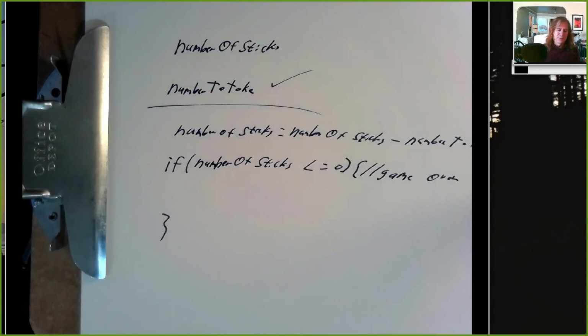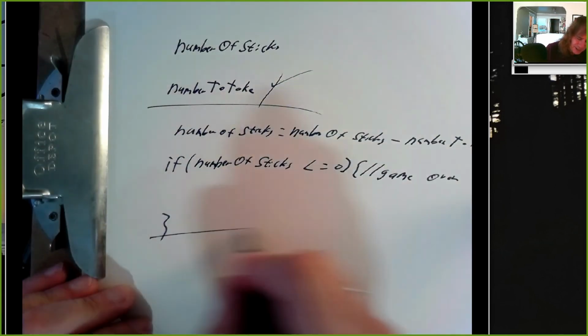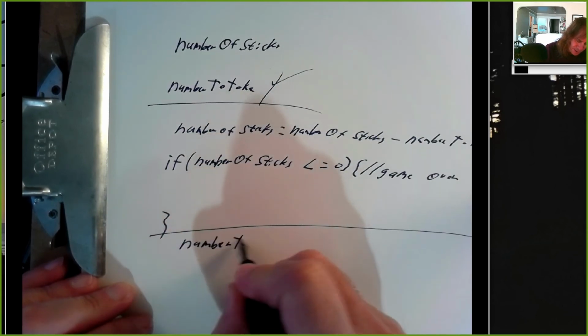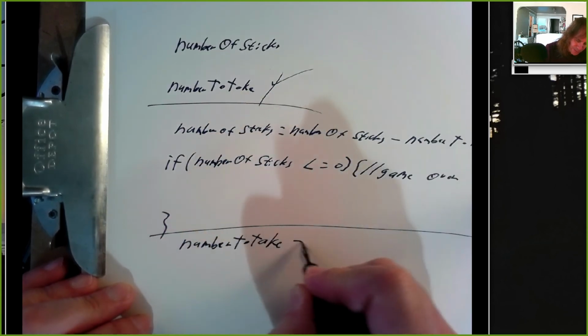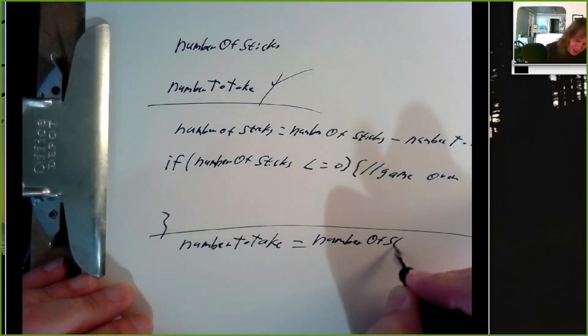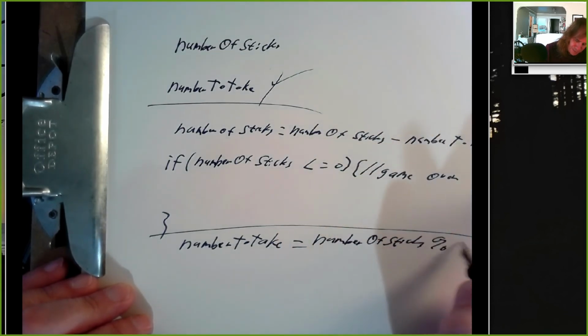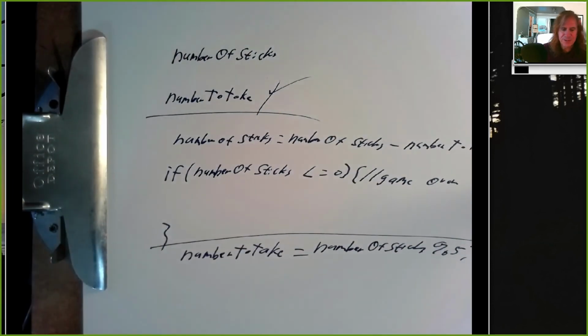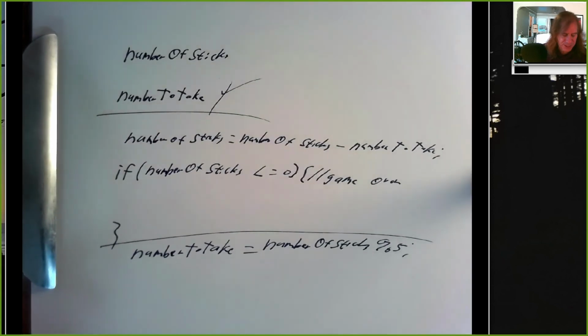And so on, right? When it's the computer's turn and you want to decide how many sticks to take, number to take equals number of sticks modulo 5. And we have this extra rule: if the computer tries to take 0 sticks, that would be an illegal move.